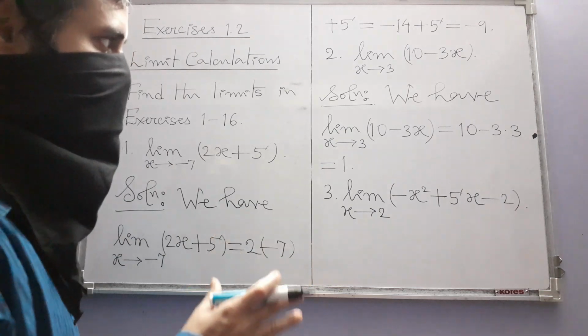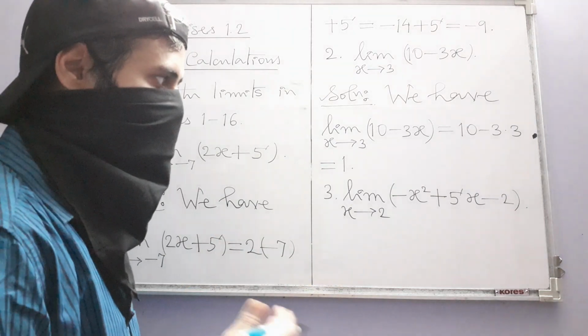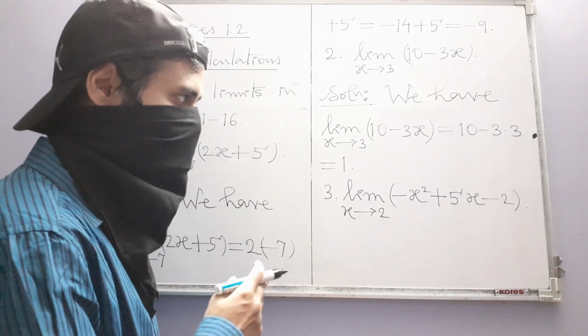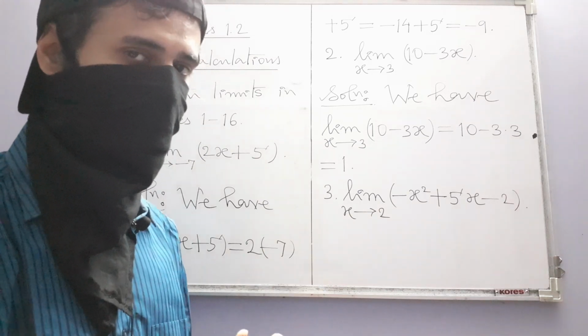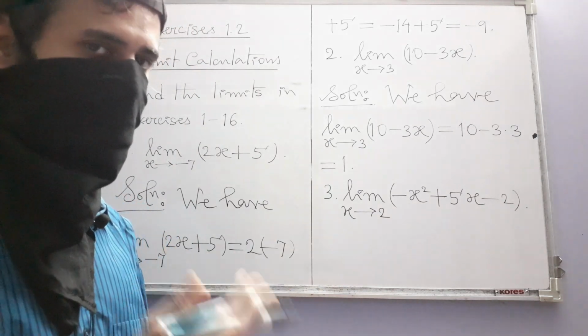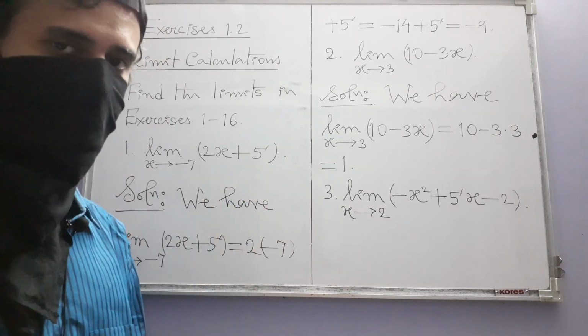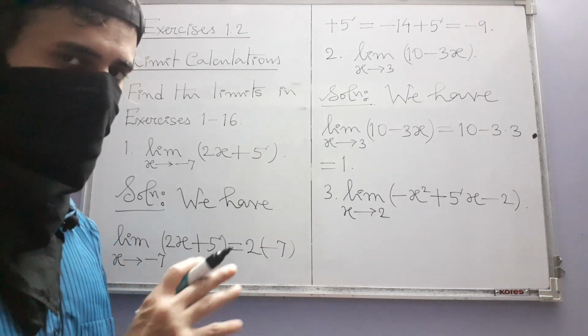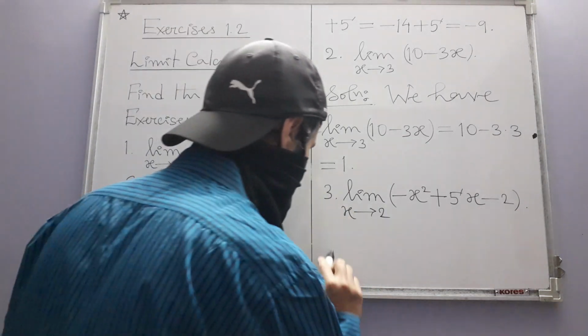Ideally, while writing the solution, you should write that because polynomial functions, for them limits can be evaluated by substituting, that's why we are able to do so. But because we have to do it again and again, I quit that writing part.